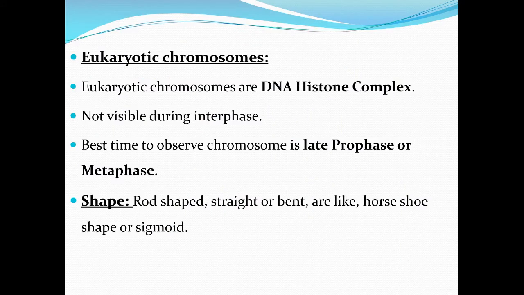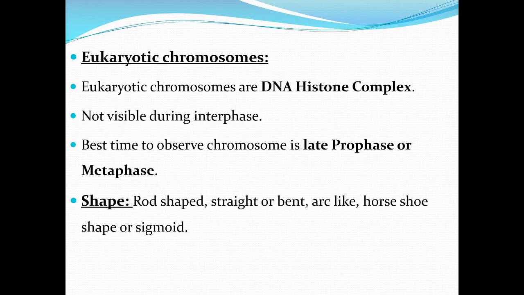The eukaryotic chromosome is not visible during the interphase. The cell cycle consists of two phases, the interphase and the M phase or mitotic phase. The interphase again consists of the G1 phase, S phase and the G2 phase, and the mitotic phase consists of the mitosis phase and the meiotic phase.